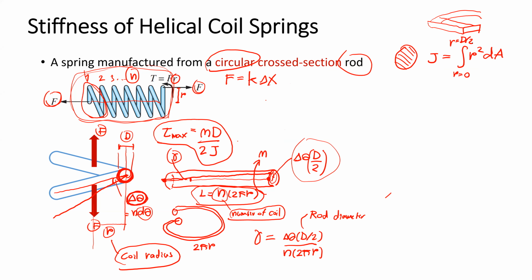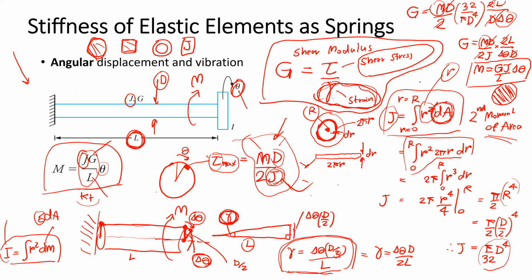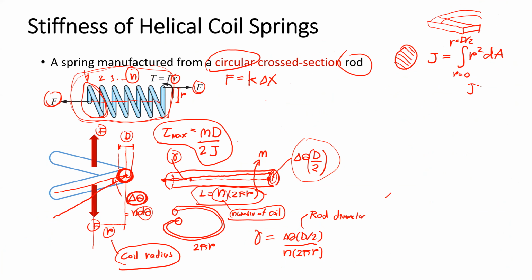We already derived J from here. And for a circular cross section, the second moment of area will be pi d to the power of 4 over 32.